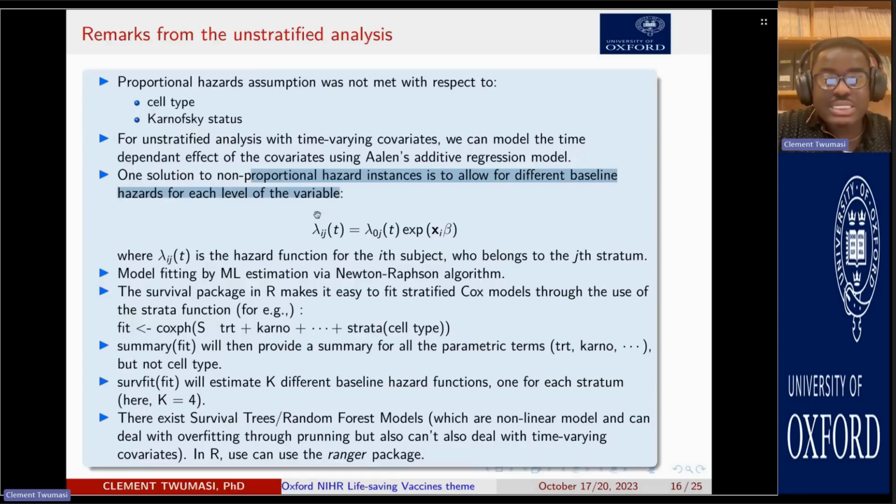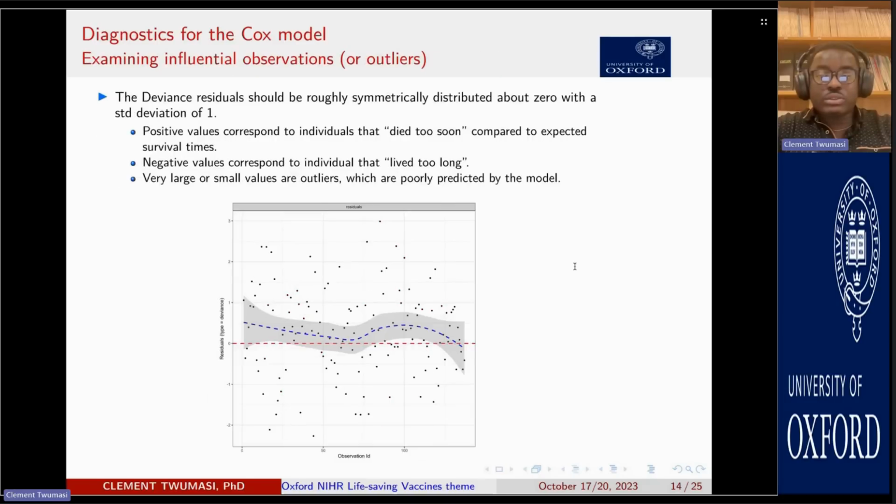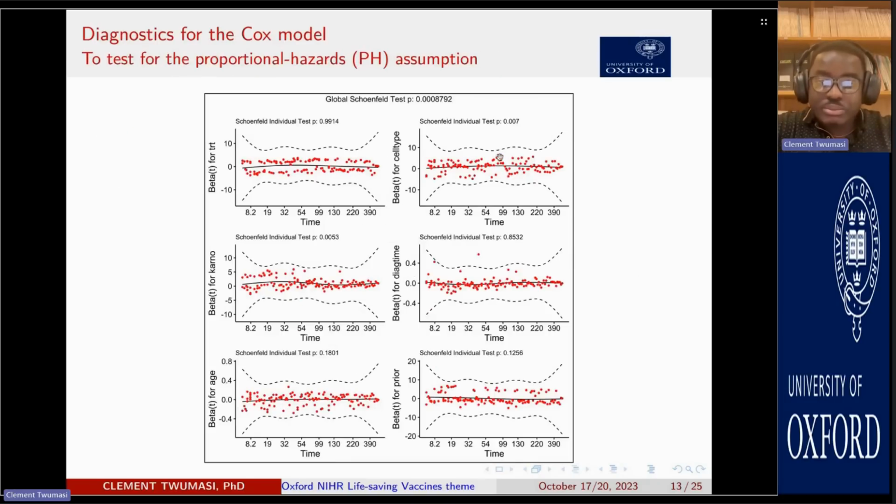So what stratification does is that, if we have a certain variable, as we saw in the Schoenfeld diagram, for instance, cell type was significant, meaning that the hazards were not constant across the levels of that particular variable.